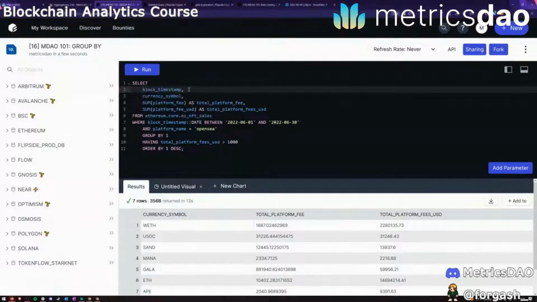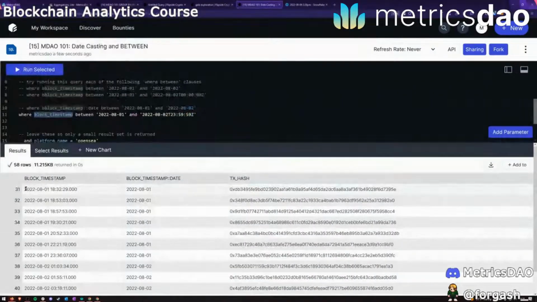Yes. So if you recall from before, each block timestamp, in this case, was August 1st at 6:32 and 6:53. Each one of these individual records is going to be what it's grouped into. So if it does not match down to the second, in this case it looks like we're truncating to the millisecond, then it will be in a separate group.